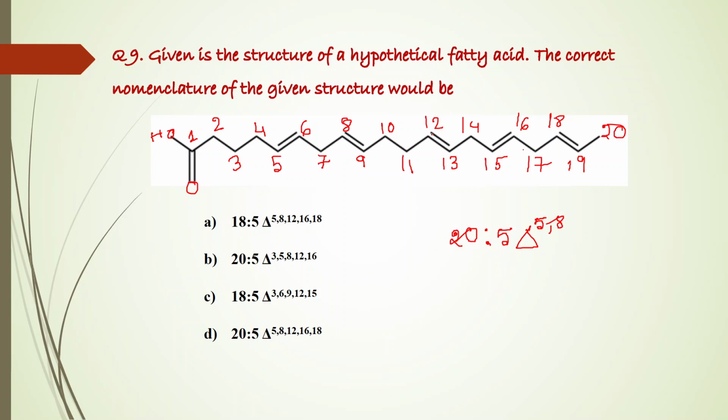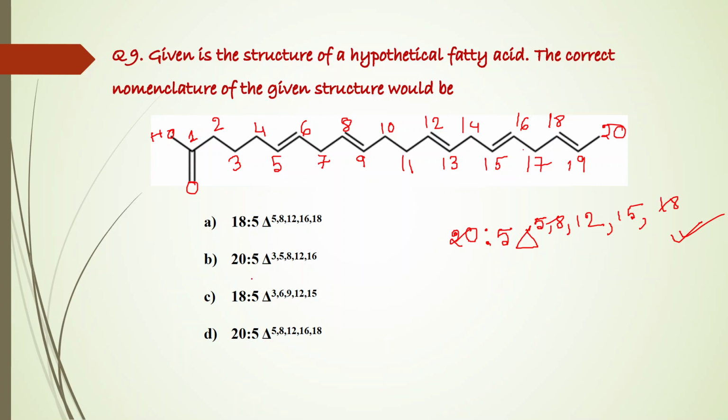The next double bond is between 12 and 13, that we can write as 12. Next one is 15 and 16, so we can write it as 15. And the last one is 18 and 19. We can write it down as 18. So this should be your delta designation.